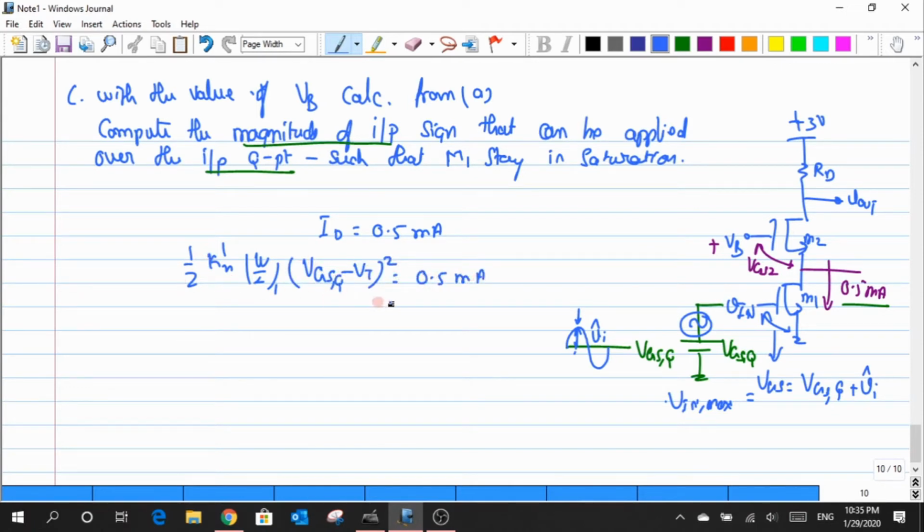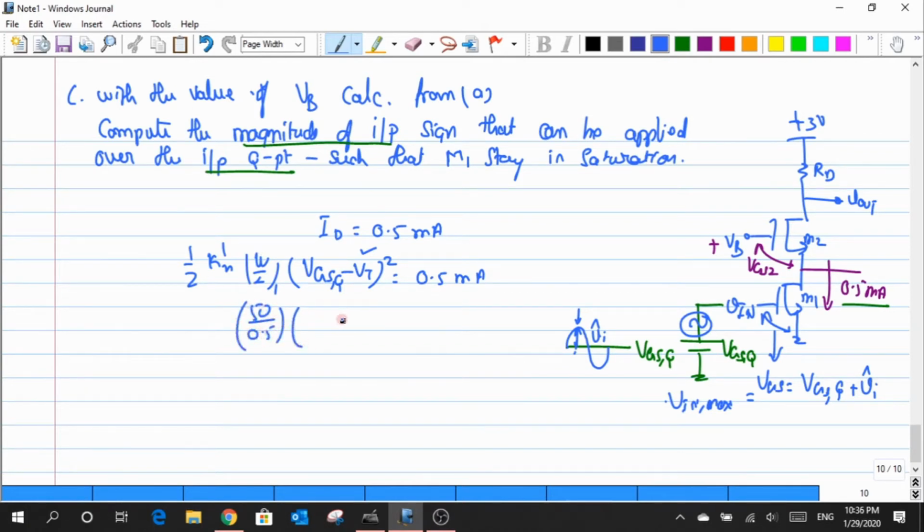Among this expression, we know the value of VTH, which is 0.7, and the W by L factor, which is 50 by 0.5, basically 100 here.